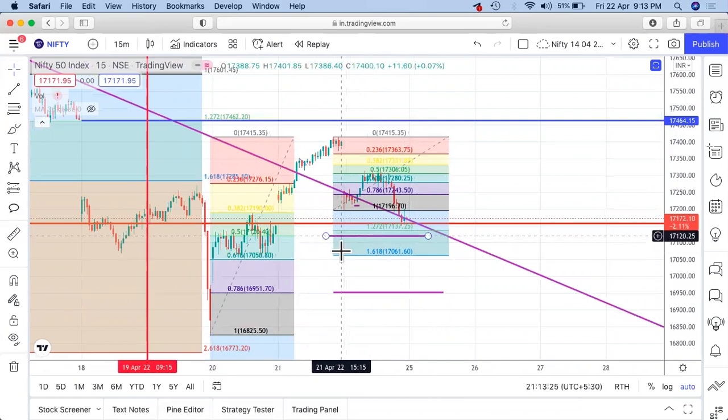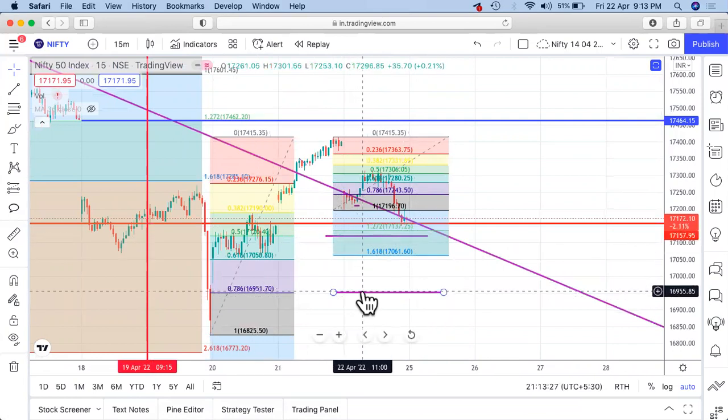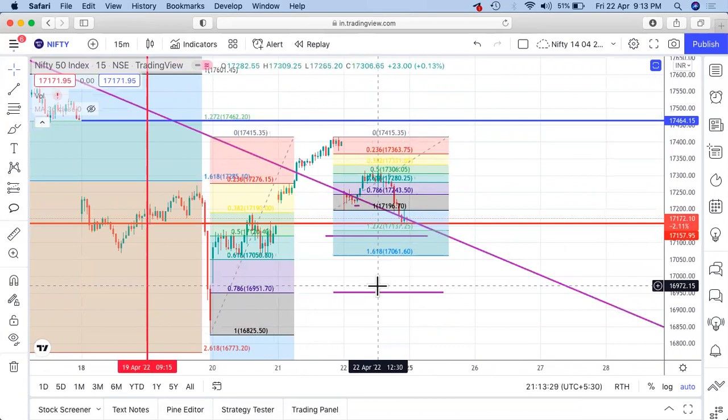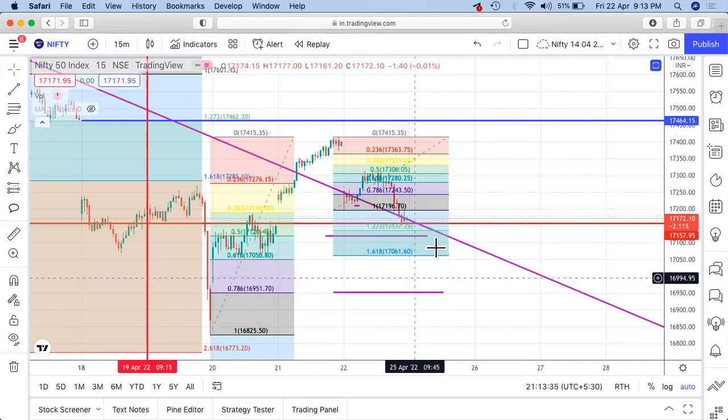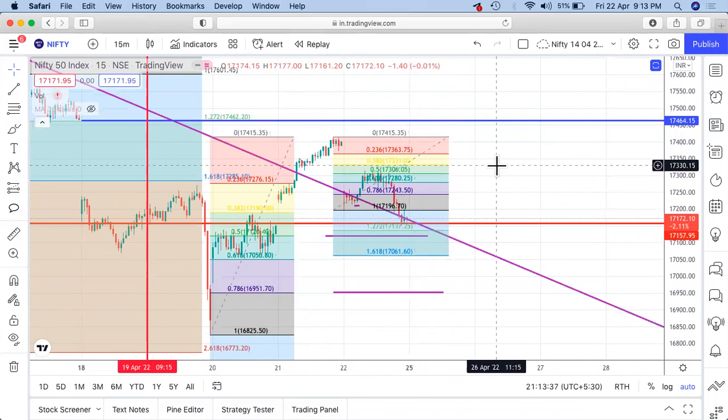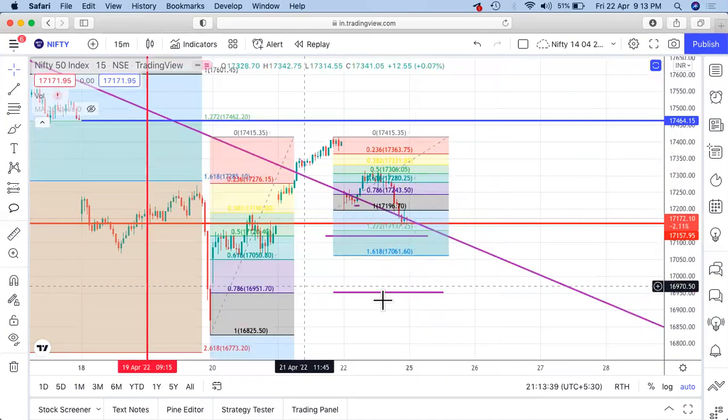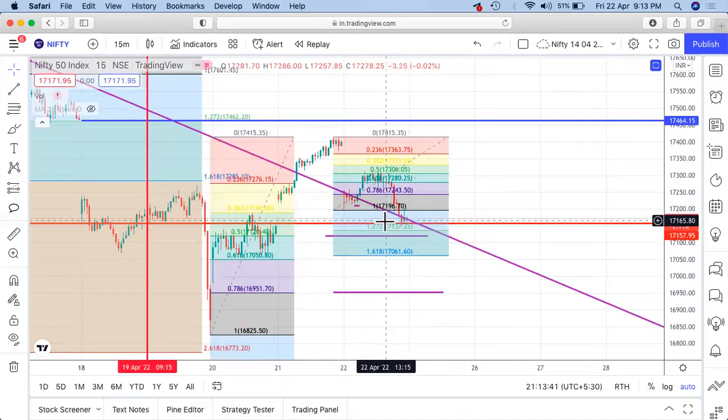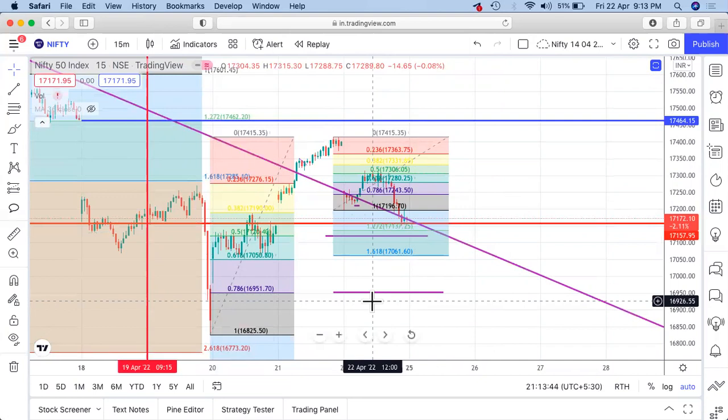So either it can take support over here or over here. If it takes support somewhere around here and forms a small unit of technical analysis, a range, a retracement, and starts moving up, then we can think the market may be moving up. So either this would be a support, this would be a support, or this would be a support.